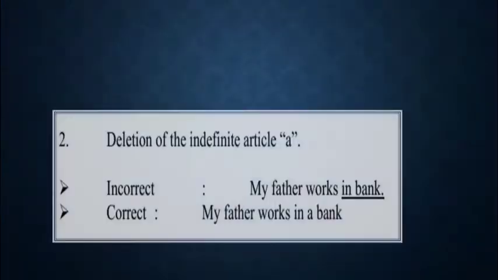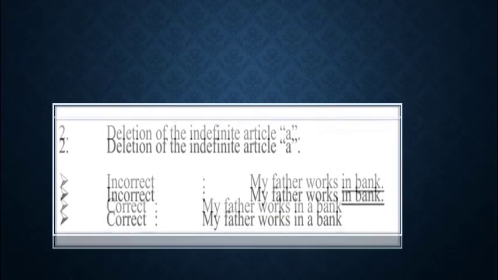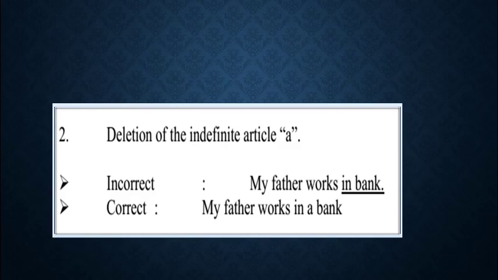Alright, so here we have another type of error, the second type. We said we have three types. The first is the deletion of the definite article in places where a definite article is needed in English. Here we have deletion of the indefinite article "a," and the reason for this is quite clear.